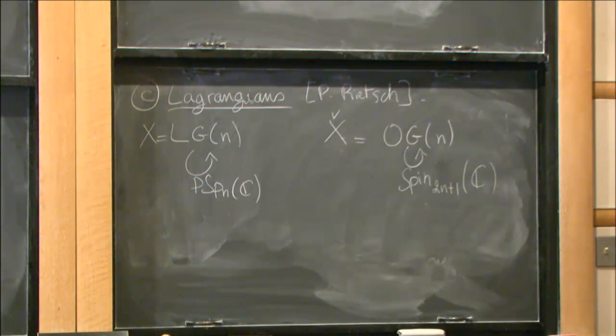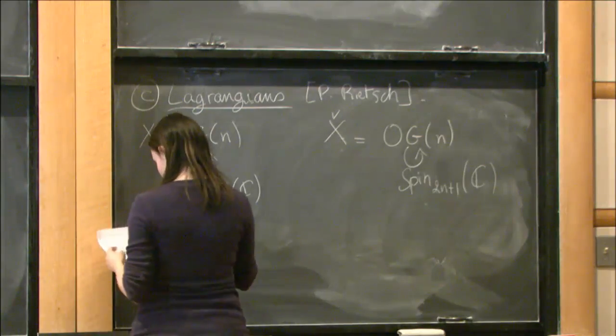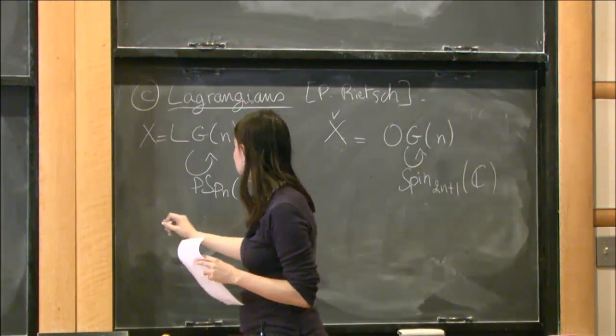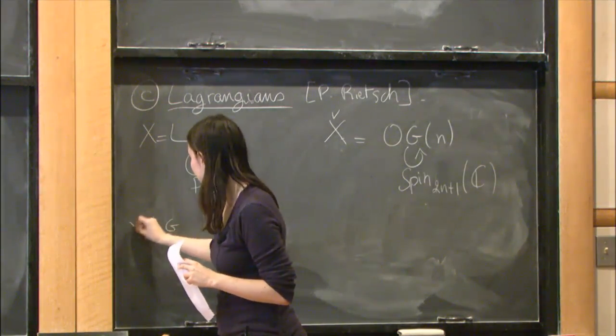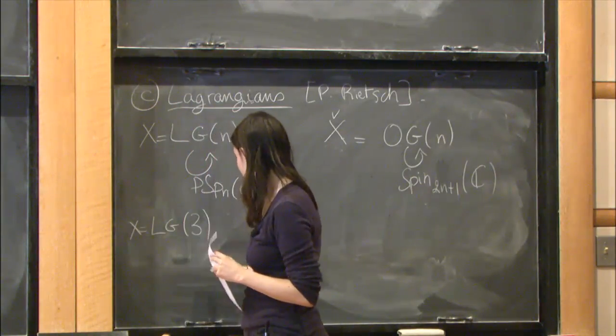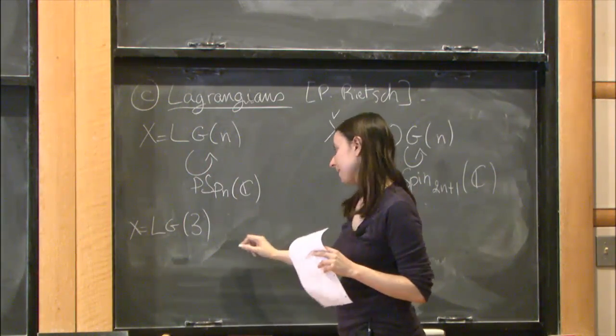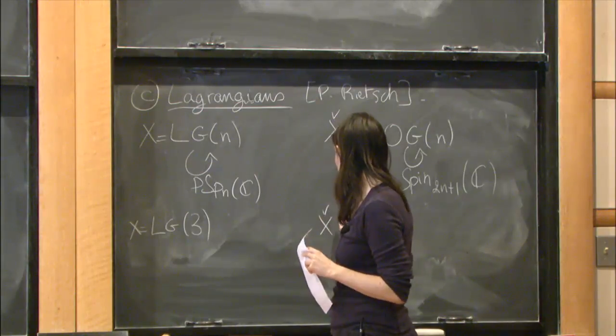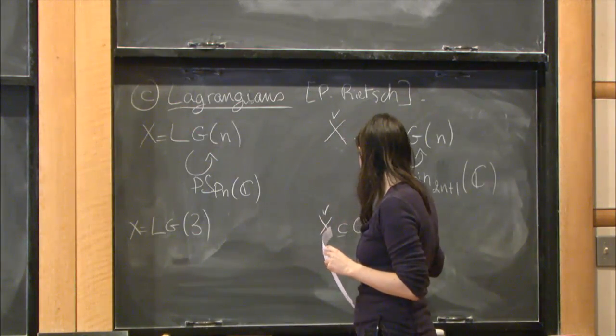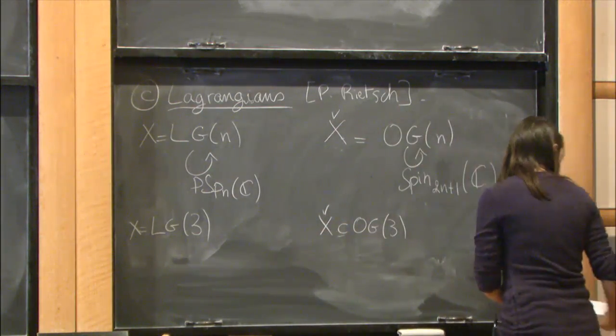So yeah, I'll just give you an example, and then I'll stop there. So for instance, if we take LG3, the mirror will live inside OG3.